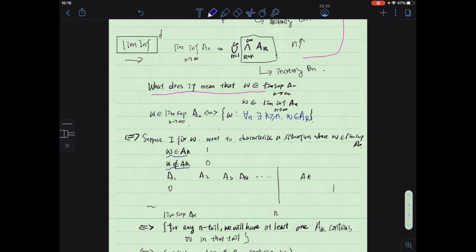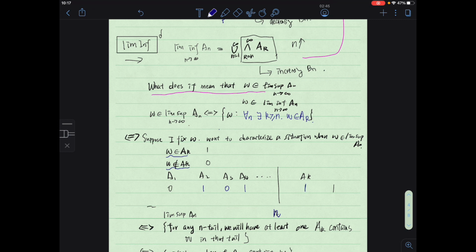So let's say we decide to put our n here. Then it doesn't matter in front of this n tail whether you have omega belongs to any of these sets. So you can have 0, 1, 0, 1, or even 0, 0, 0, or 1, 1, 1. But for the n tail, there has to be at least one set that contains omega.